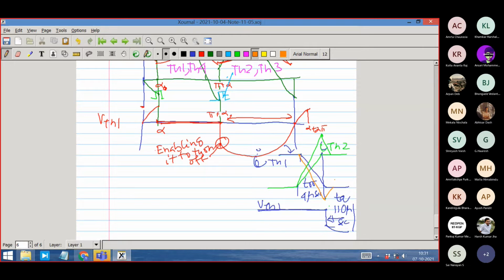Holding current implies that even in the on state, if the thyristor current reduces beyond 0.3 ampere, the thyristor will be turned off naturally. So that is okay. It is just 0 ampere current. So this is not at all an important number for you. You can think that holding current and latching current are all 0.